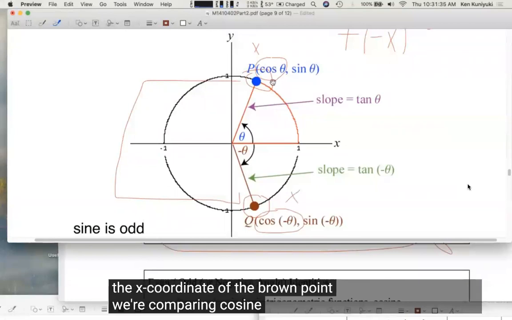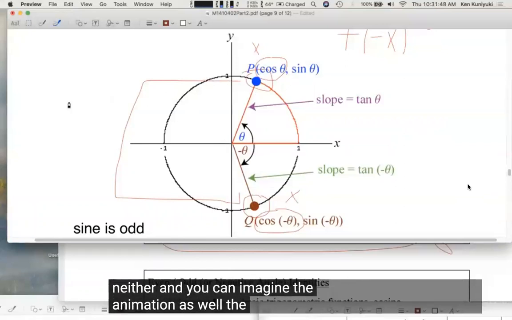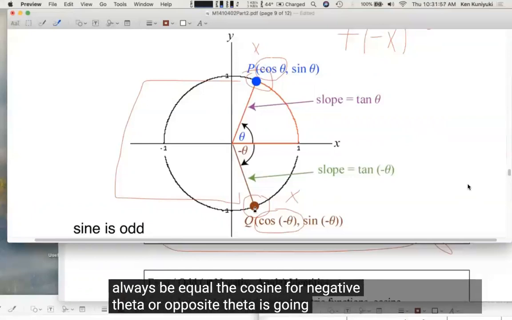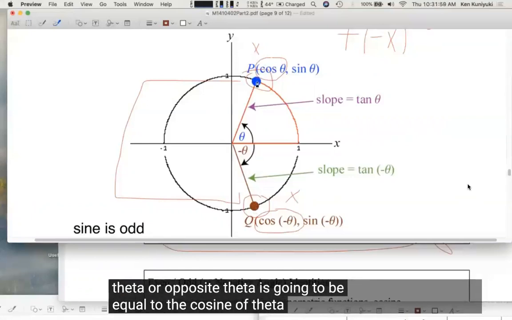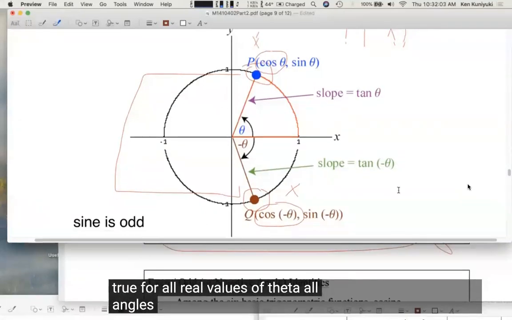We're comparing cosine of theta and cosine of opposite theta, or negative theta. Look at the x coordinates of these 2 points. Are they equal, opposite, or neither? And you can imagine the animation as well. The x coordinates will always be equal. The cosine of negative theta, or opposite theta, is going to be equal to the cosine of theta. And that's true for all real values of theta, all angles.